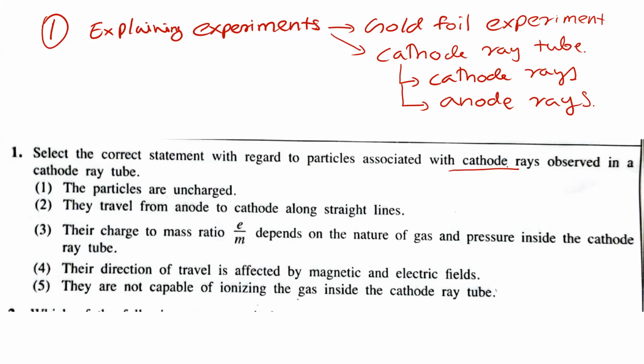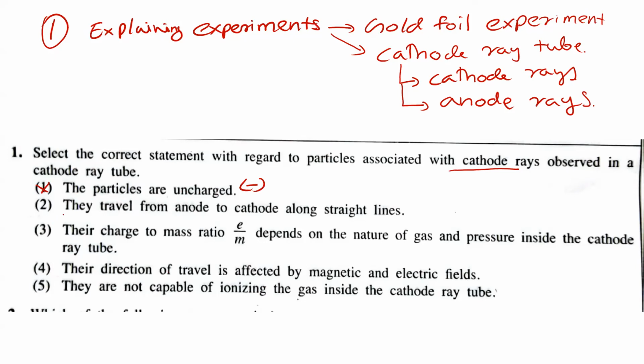The first option says the particles are uncharged. Is that true? No, this one is wrong because the particles are not uncharged. We know that cathode rays are going to have a negative charge.